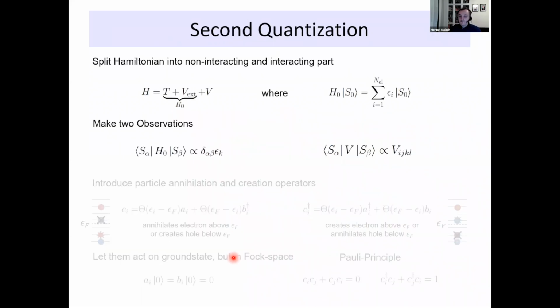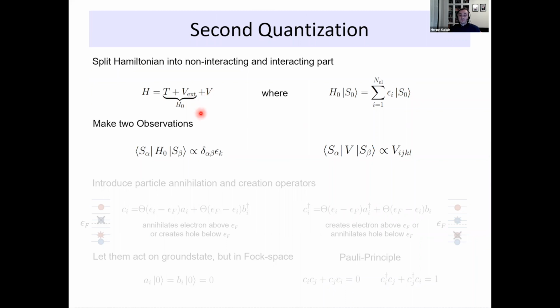So in quantum field theory, one uses the so-called second quantization formalism. To understand what this formalism does, one first separates the Hamiltonian into two parts. So the first term is the non-interacting Hamiltonian, for which the ground state Slater determinant is known. And then the second term is the Coulomb interaction.